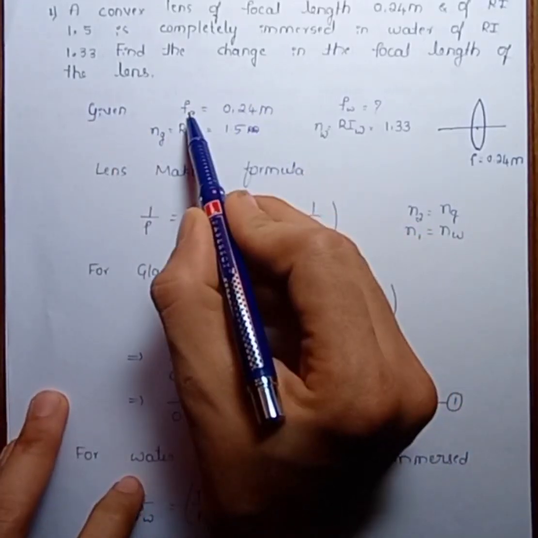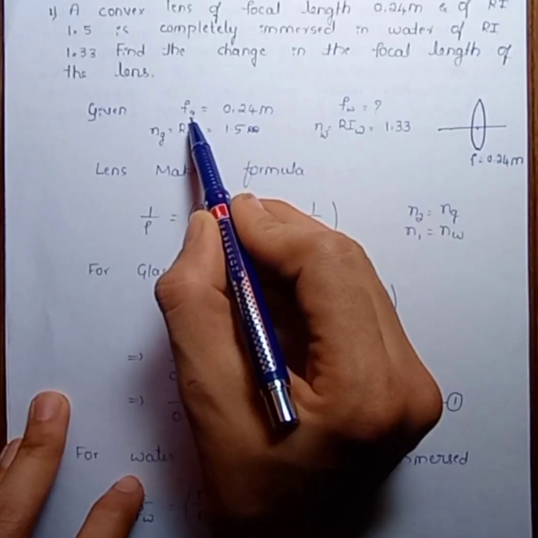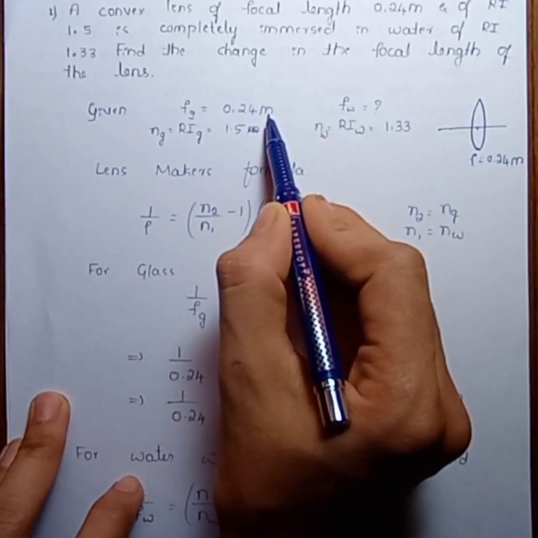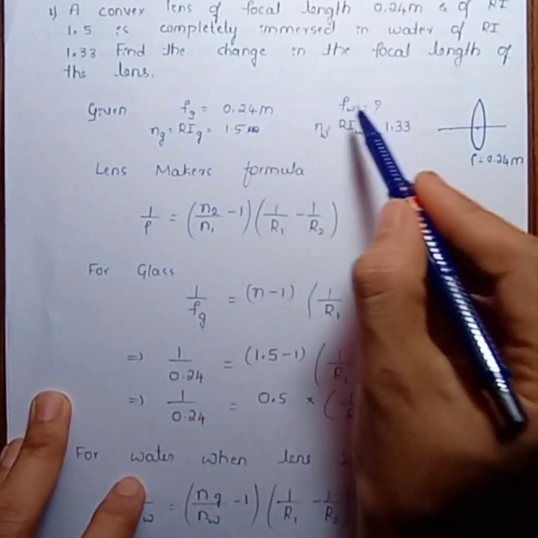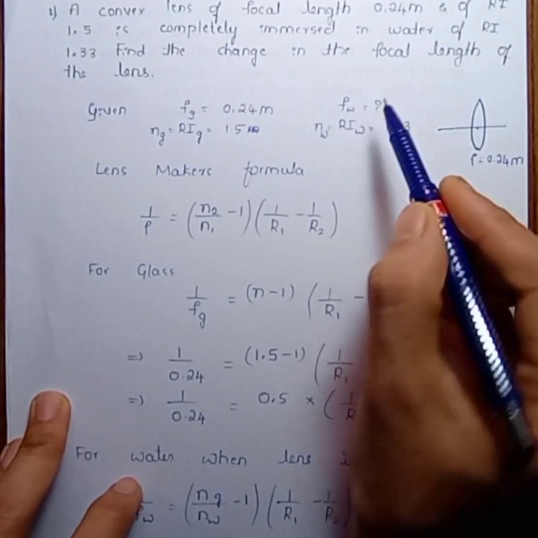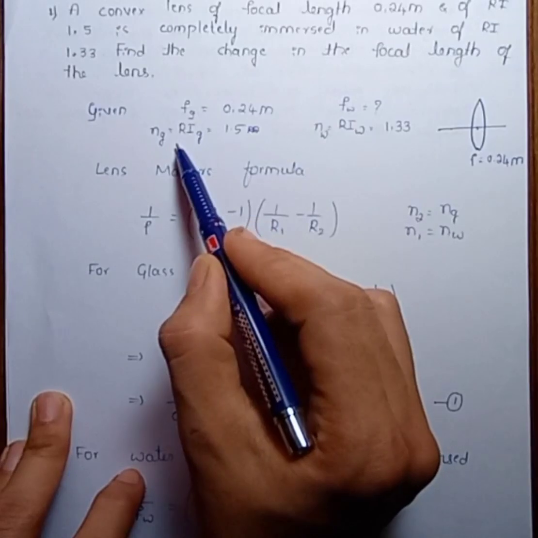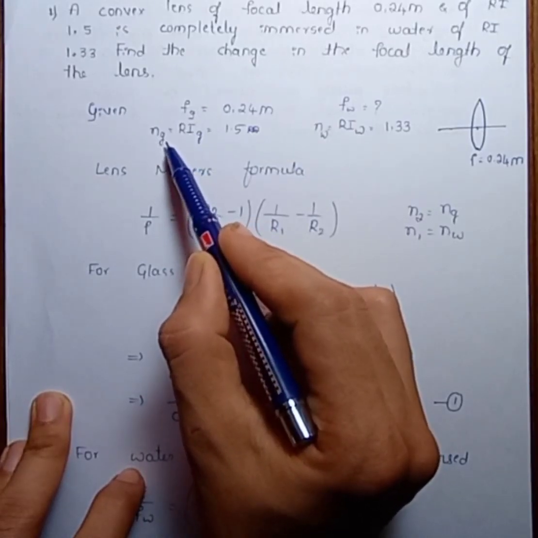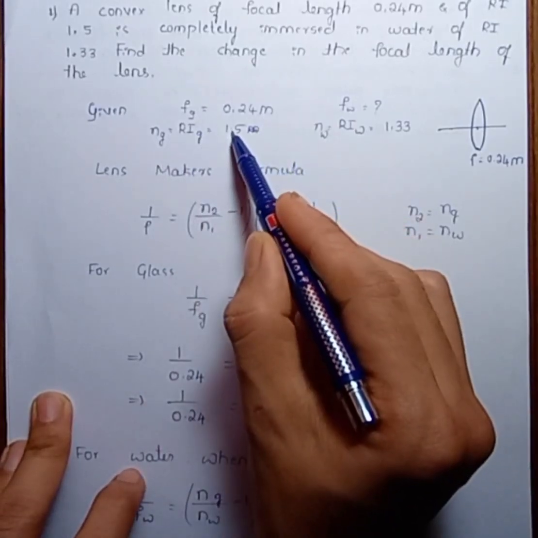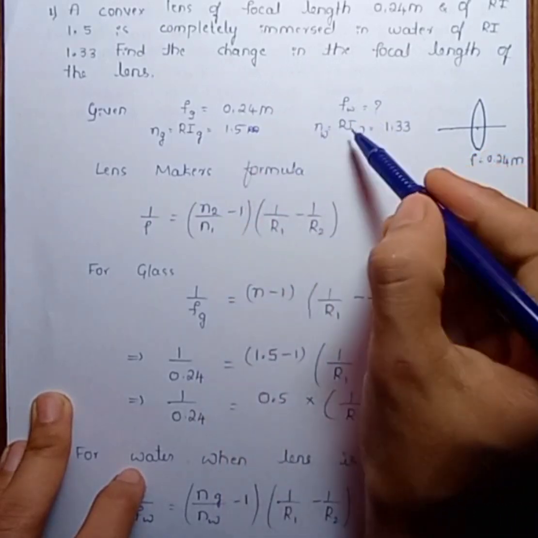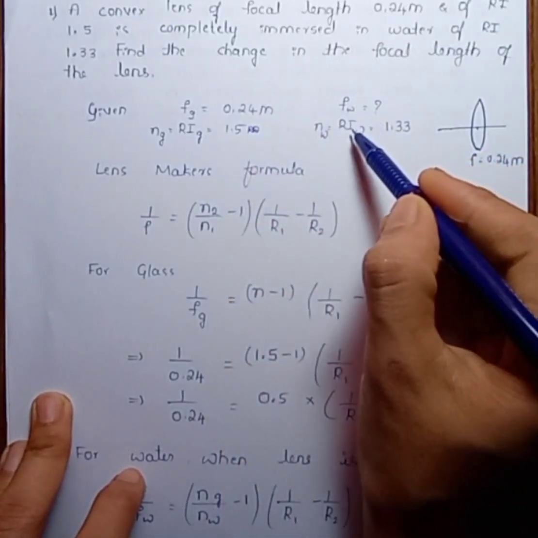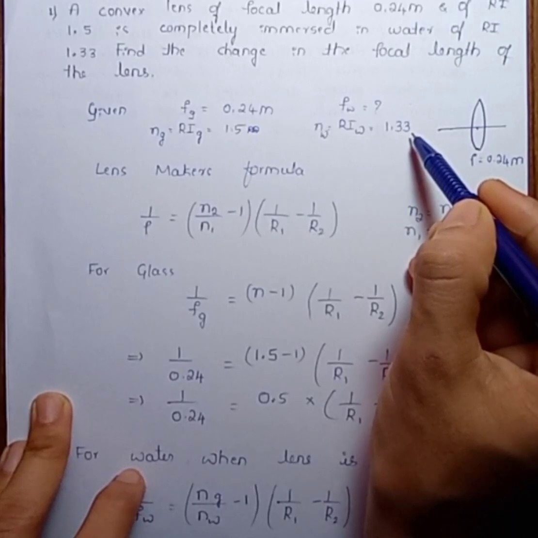Given quantity, they are given that the focal length of the convex lens is 0.24 meter. What we have to find out? Focal length in water. And already they gave that the refractive index for glass, Ng, is equal to 1.5, and the refractive index for water is 1.33.